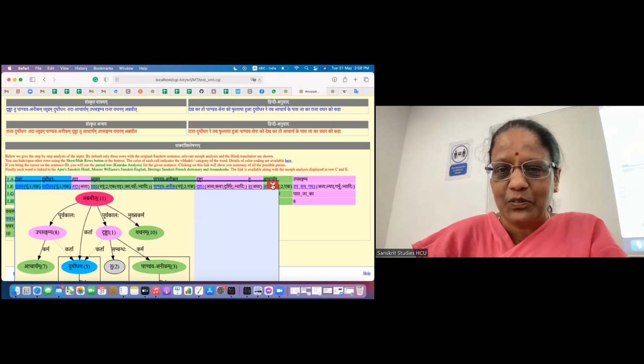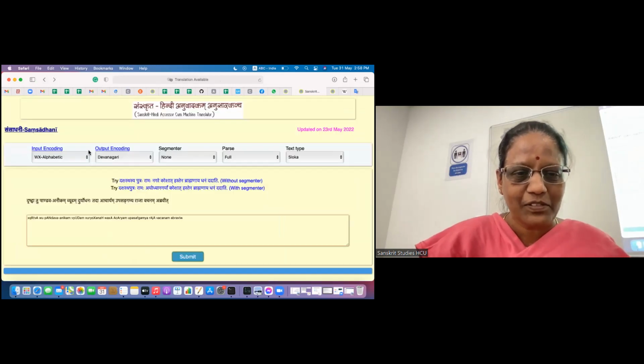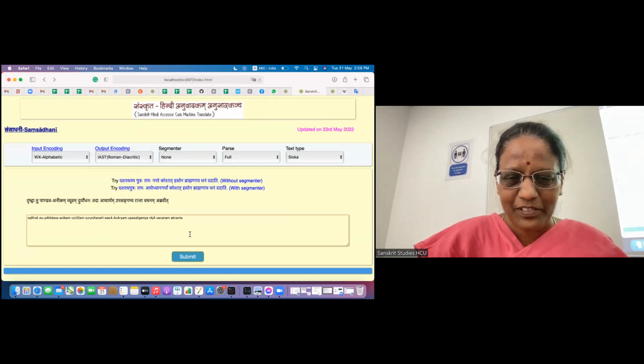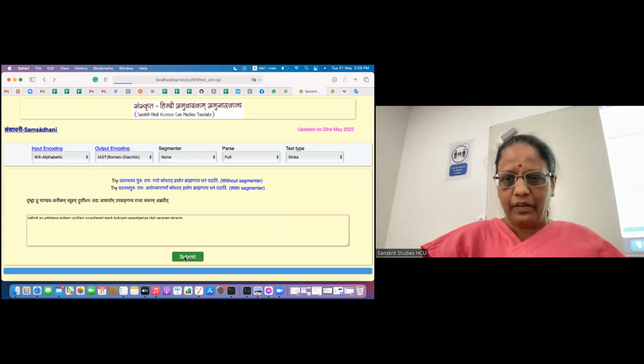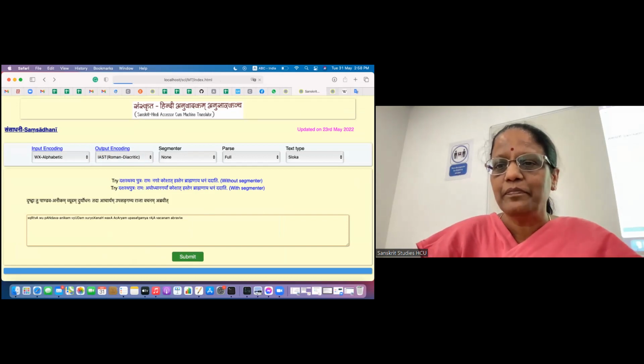Yeah, I can switch to Roman script, but I'm not sure whether it will work, because I recently shifted to a new system. I will check if it is working on this. Okay, it will take time.